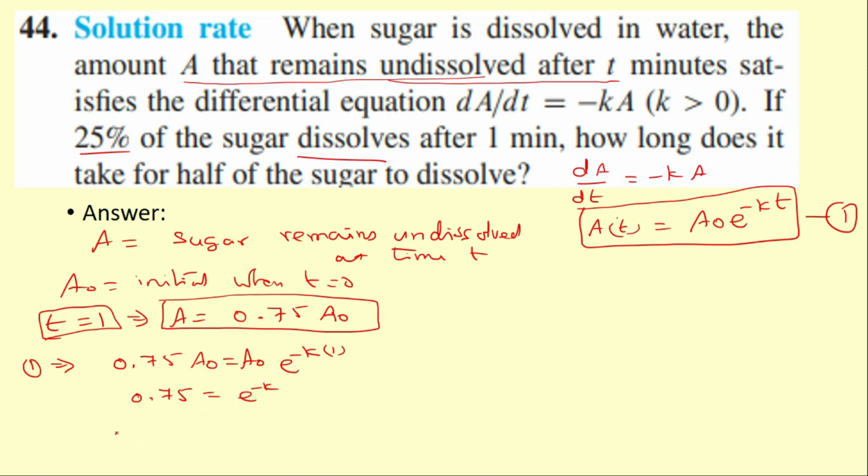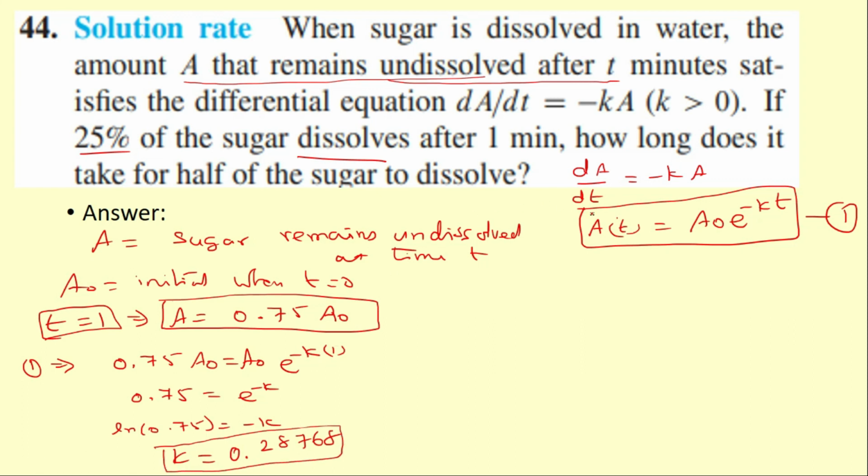So take ln on both sides. ln 0.75 is equal to minus k, and k is equal to minus ln 0.75. Using a calculator, it will be 0.28768. So we got the value of k.